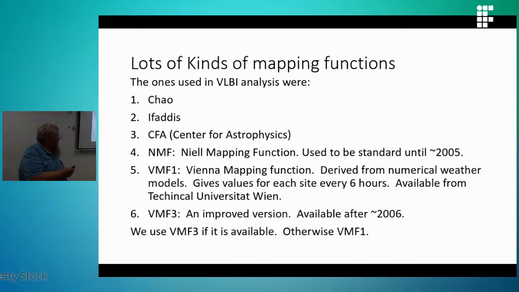About 5 or 6 years ago, they came up with an improved version called VMF3, Vienna Mapping Function 3. What we do is use VMF1 if it's available, otherwise we use VMF3.